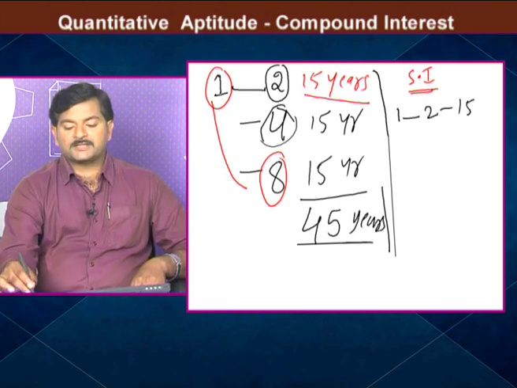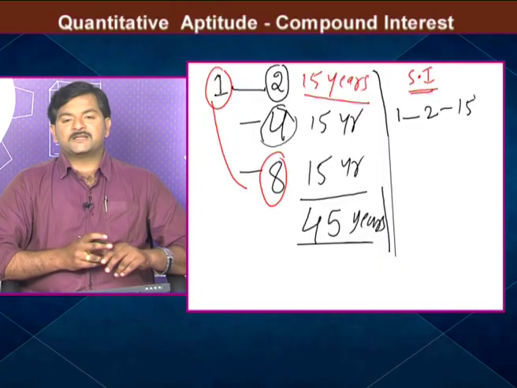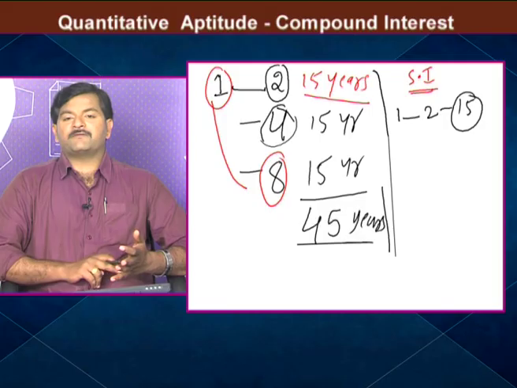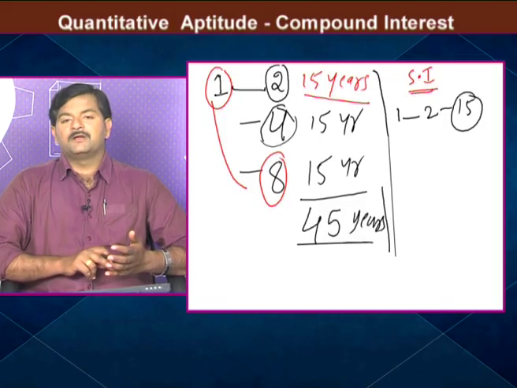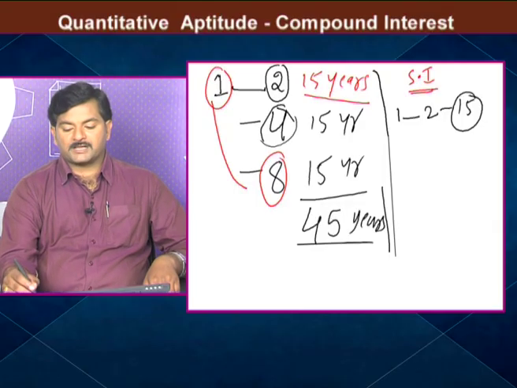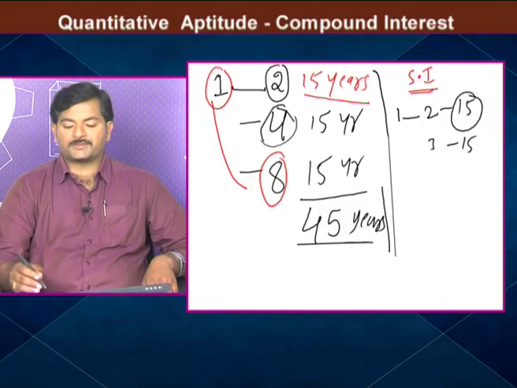So for 15 years the interest is 1 rupee. Since it is simple interest, the principal amount will not change. That's why the interest also won't change. For every 15 years you will get an interest of only 1 rupee, so after the next 15 years it will be 3 rupees.